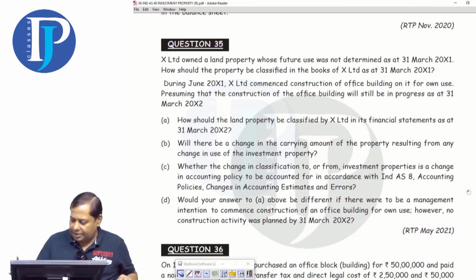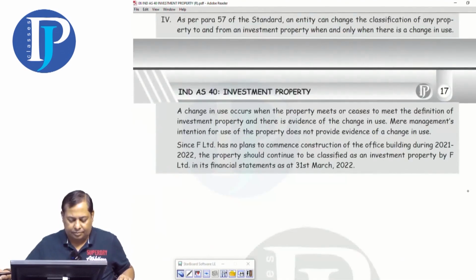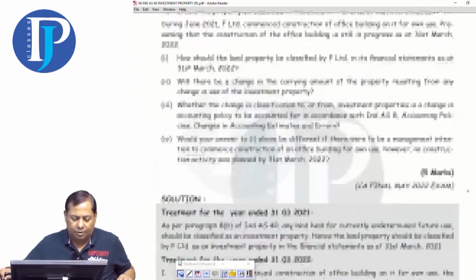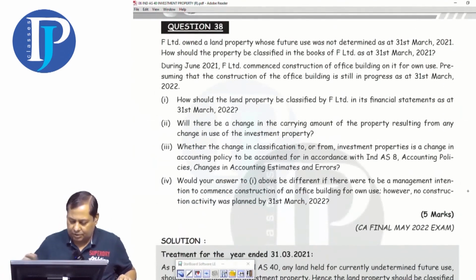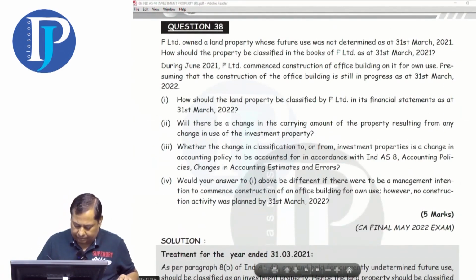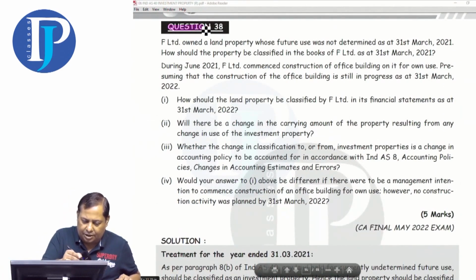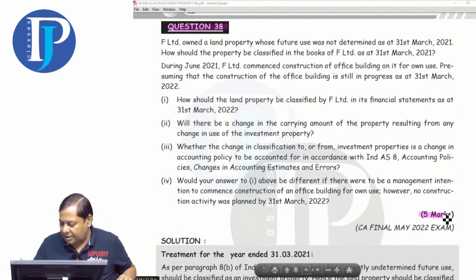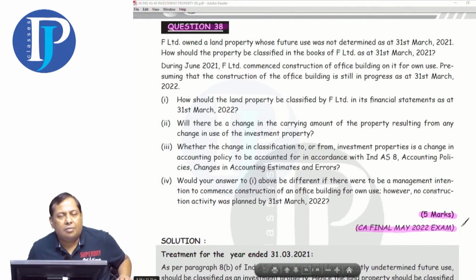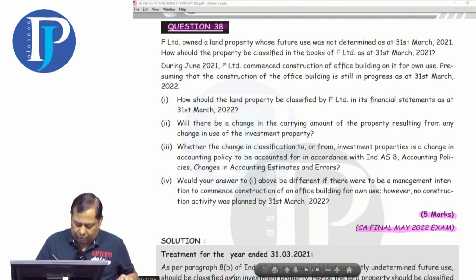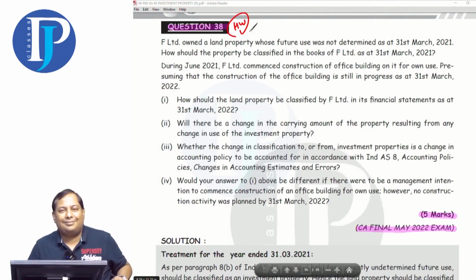This will be your homework. So solve this as homework. The same question. This is question number 38. It was for 5 marks. Was also asked in exams. RTP questions are sometimes asked in exams. So I will only make you do it once. This will be your homework as the question is same.